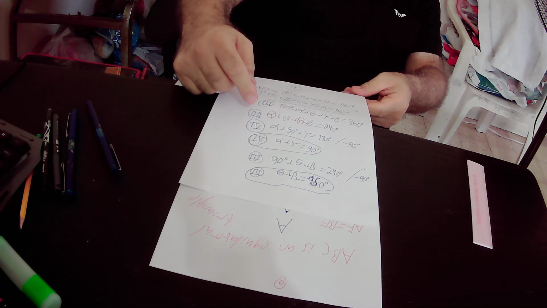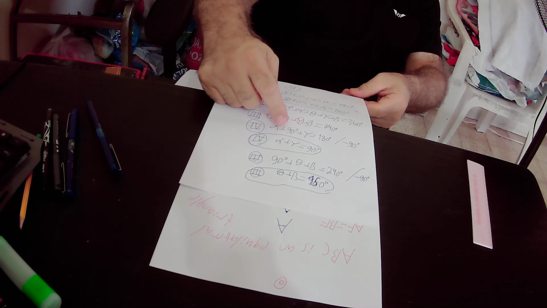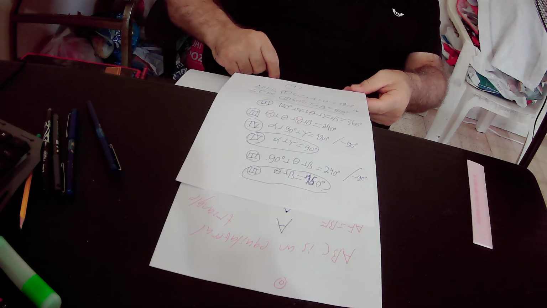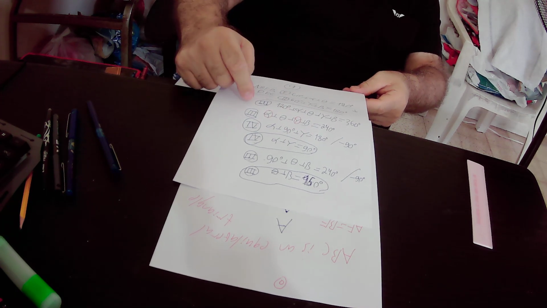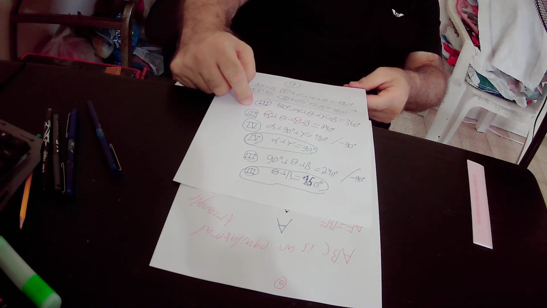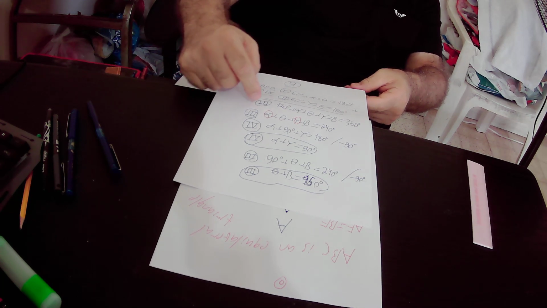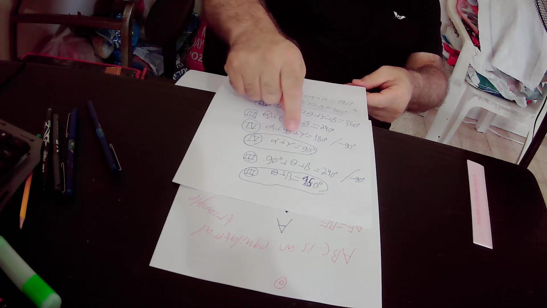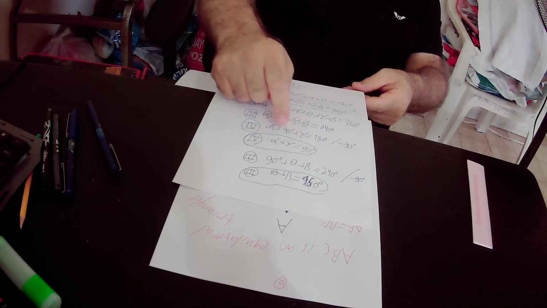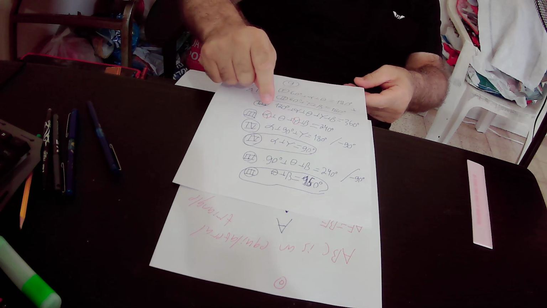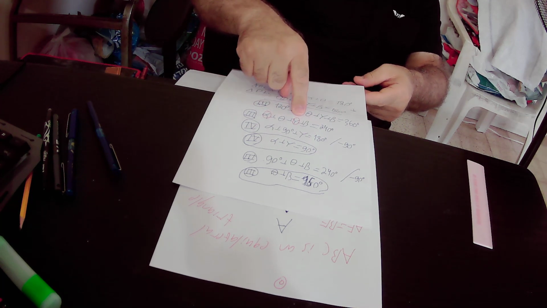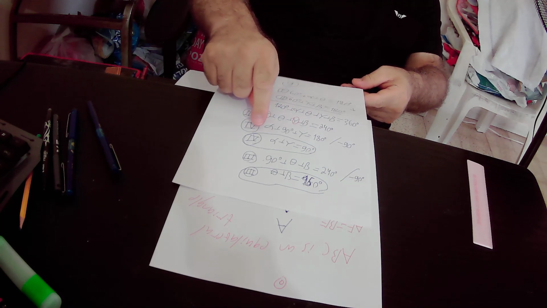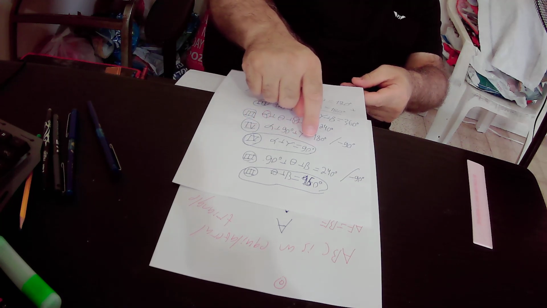And we got from the fourth equation that alpha plus gamma equals 90 degrees. We have alpha plus gamma also in the third equation. And we know, according to the fourth equation, that alpha plus gamma equals 90 degrees.